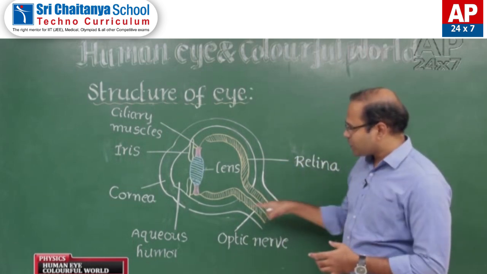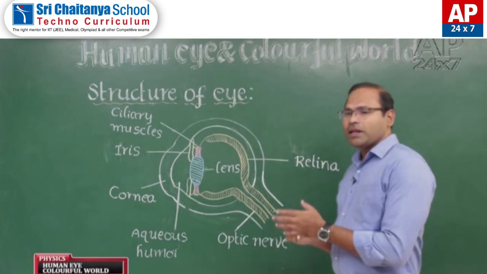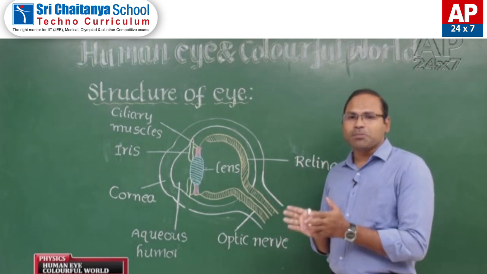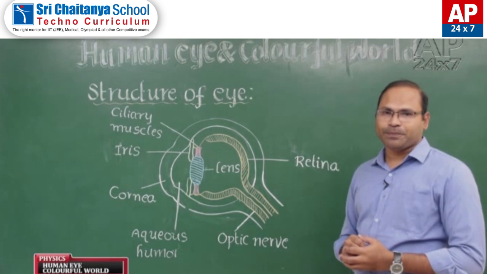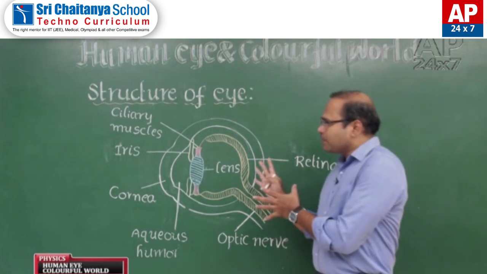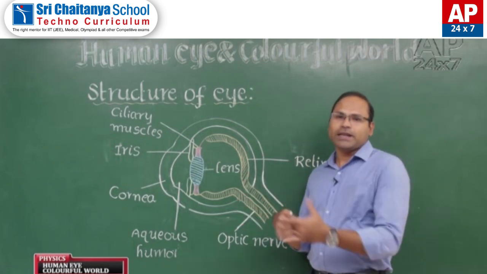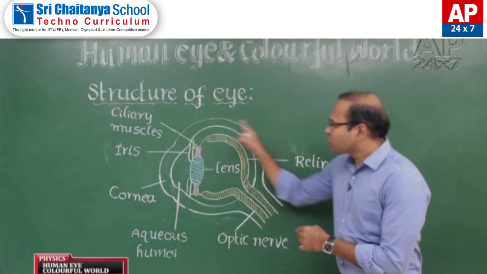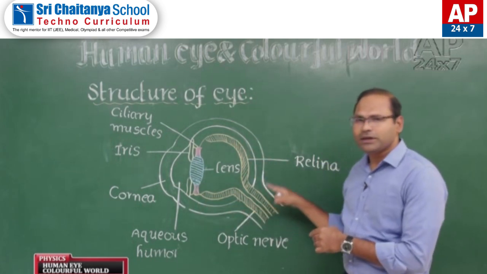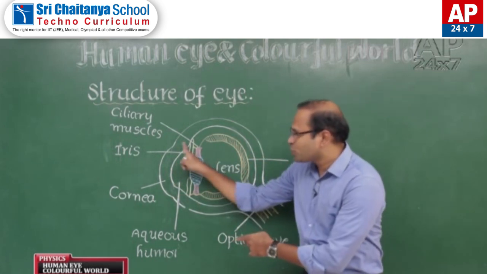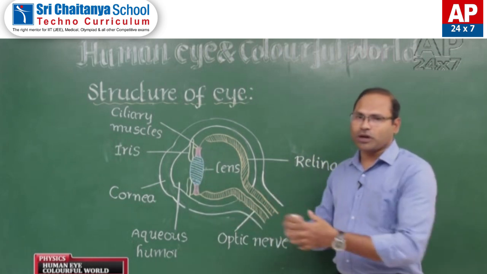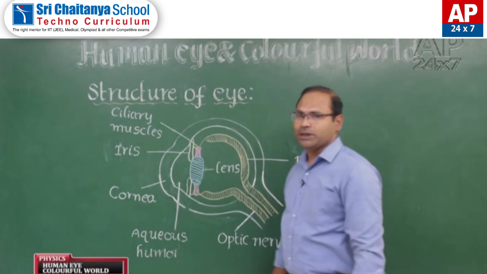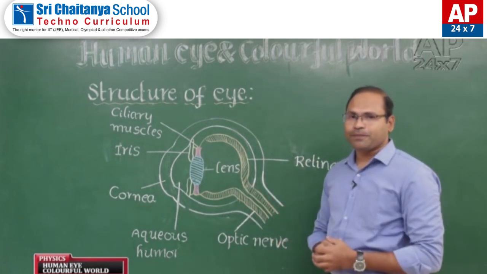See, this is the structure of the eye, and this is the schematic diagram of the eye, which shows some basic components. Let us see the parts of the eye in detail. First, the eye is spherical, whereas the front portion is a little more curved, and this is the portion visible outward, and this will be the inside.